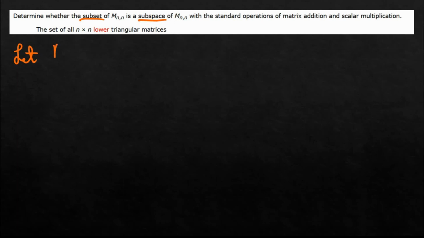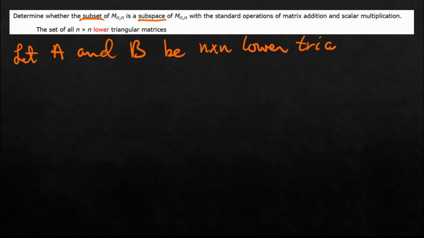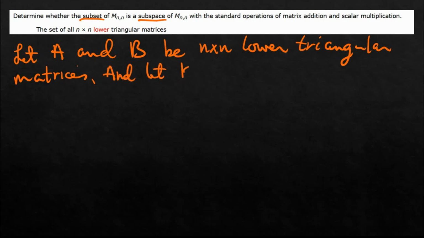So let A and B be n by n lower triangular matrices, and let K be a scalar.